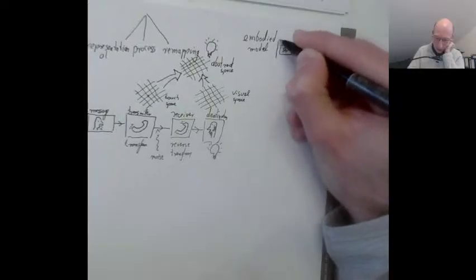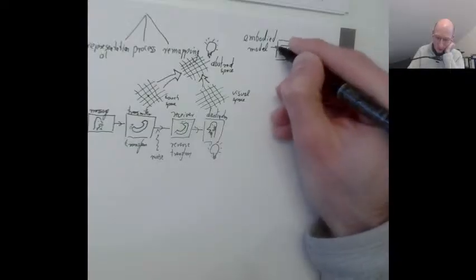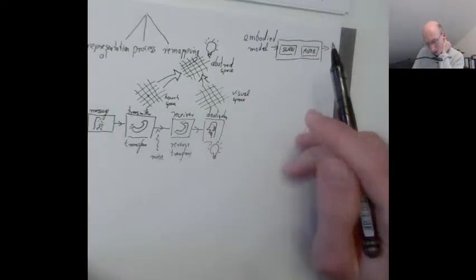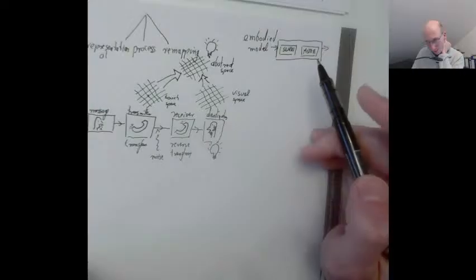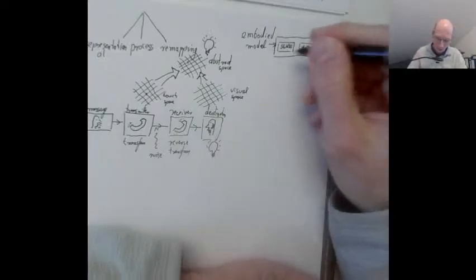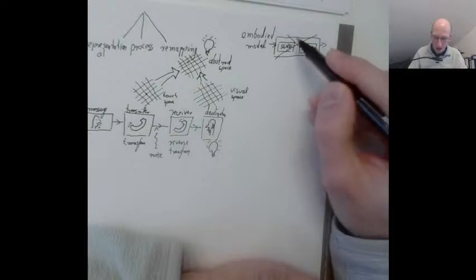And then I draw a box around this, and I say we have certain inputs, we have certain outputs, and what's happening inside, we can't disentangle. So actually this is wrong. What I drew is actually wrong. This doesn't represent the embodied model. The embodied model says that we can exactly not do this.